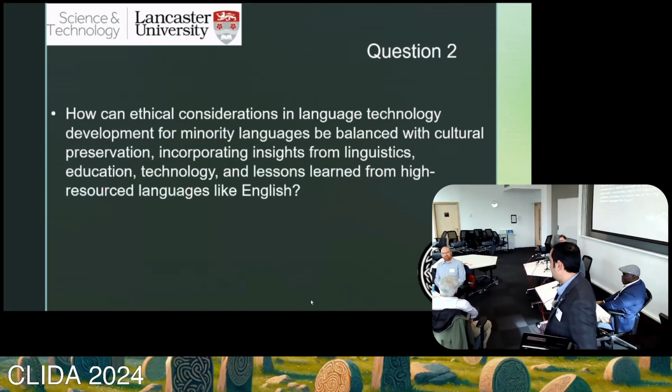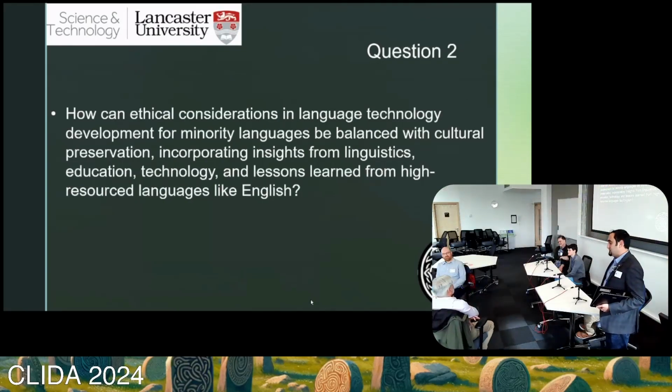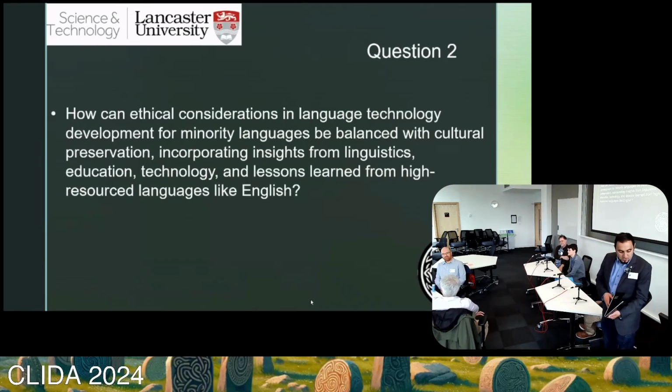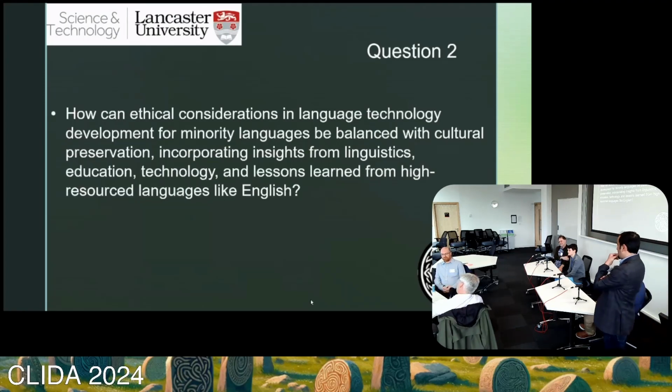I do wonder sometimes if we're at risk of taking a standard Western solution and assuming that that solution then can be taken to other continents, other language contexts, and just applied as, well, we need this, we need that, we need the other.